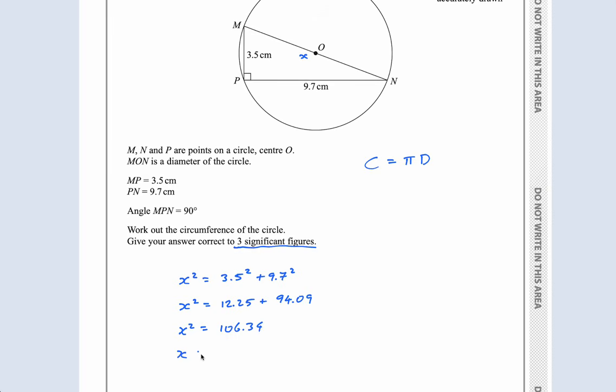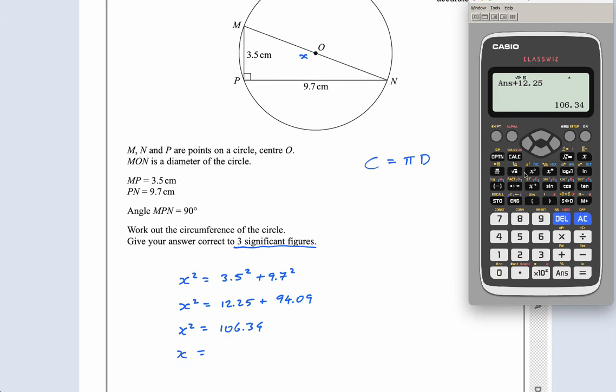So x, if that's x squared, x is the square root of that. So I'm going to do the square root. Let's try that again. It's the square root of 106.34. I should have put answer there, but whatever. 106.34 gives me 10.3121. Okay, now, guys, I'm not going to round yet.